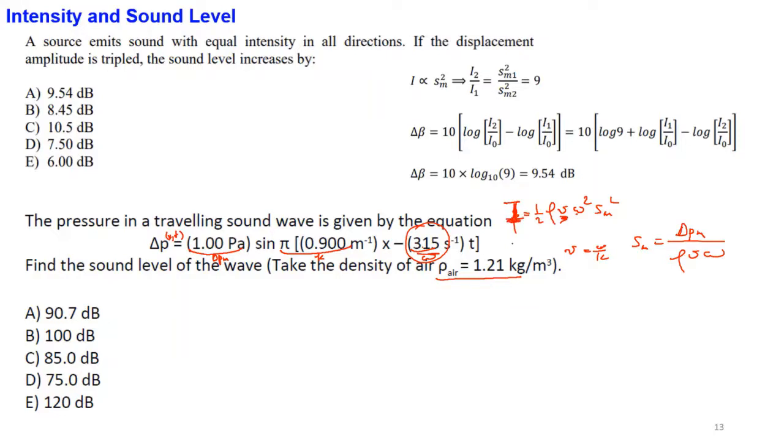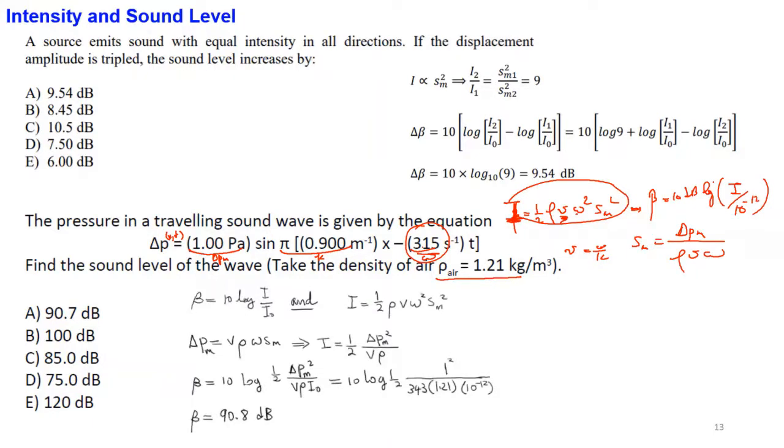Okay, this is intensity. Of course, if I want sound level, I just say beta is 10 decibel log of this intensity here divided by 10 to the power minus 12. So this is exactly what we will do. This is the sound level by definition, and this is the intensity by definition, and if I know delta Pm, I know Sm.